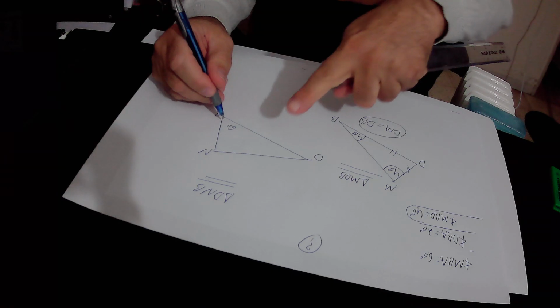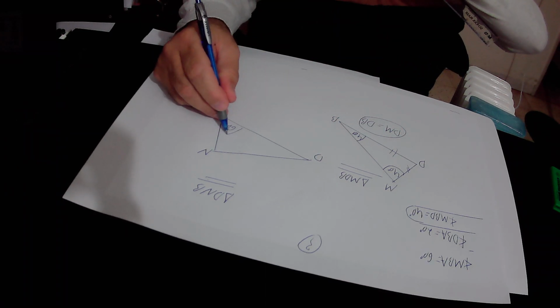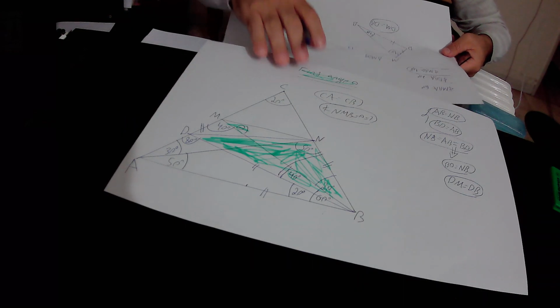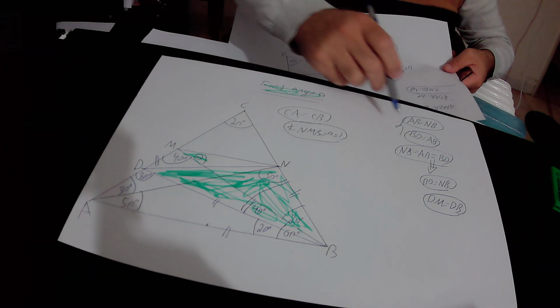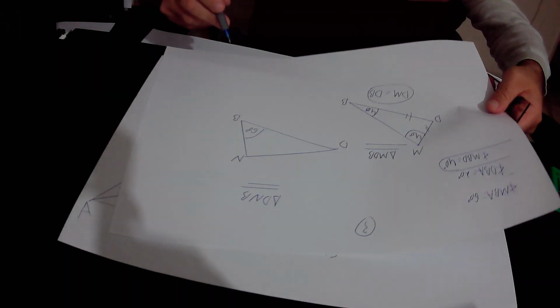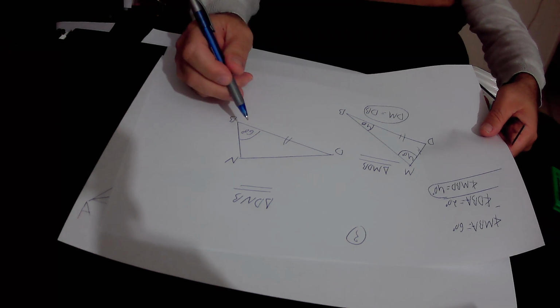Again, this is triangle NBD copied from the original drawing. Angle NBD equals 60 degrees. And we have already found out that DB equals NB. This side DB equals side NB.